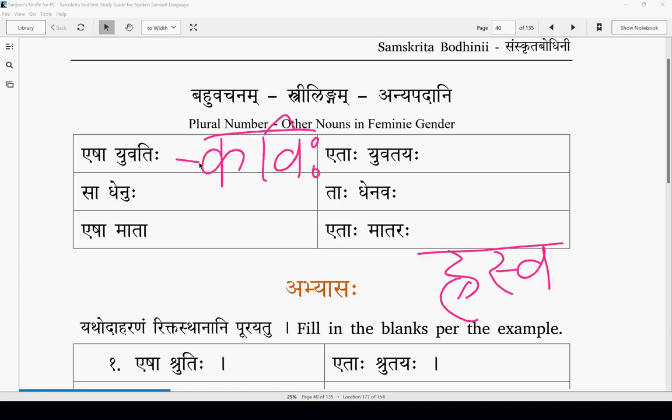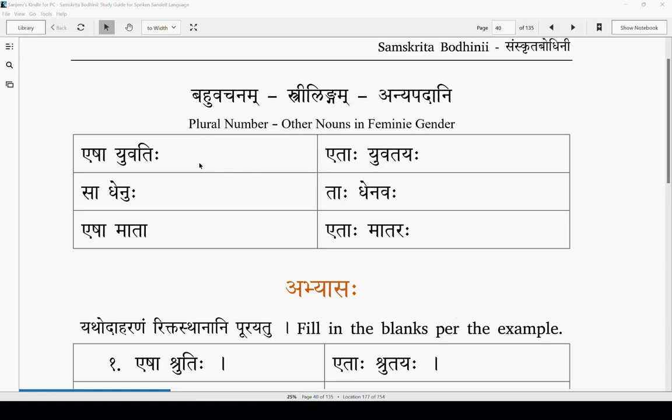Hari was one, and Muni, Rushi, Atithi, Yati. Then on the Strilinga side we have Yuvati, and similarly, like Yuvati, Haraswa Ikaranta Strilinga Shabdas, we have many.